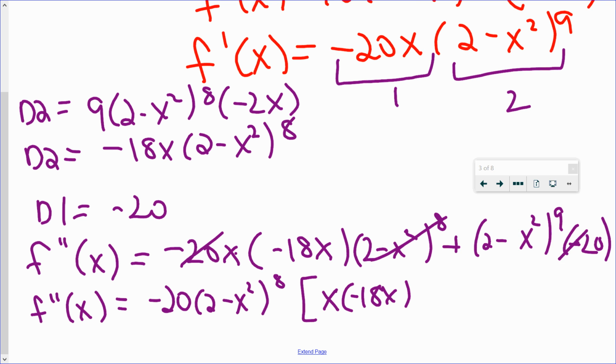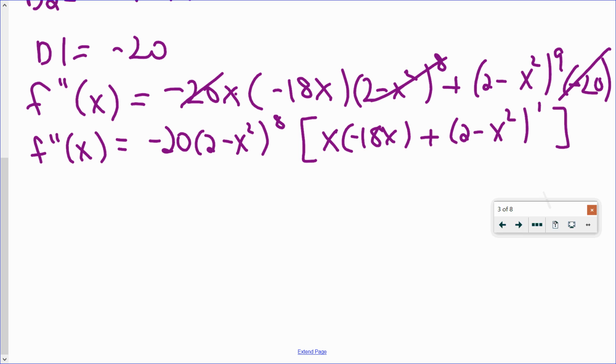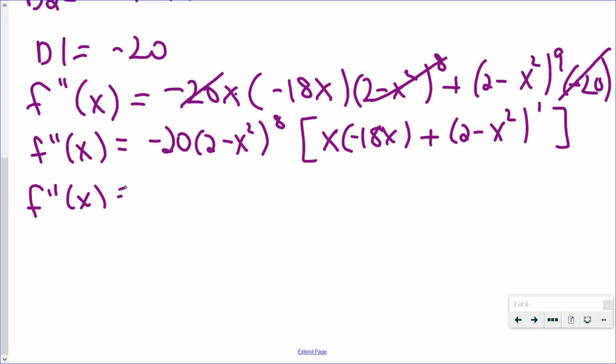And then negative 20, oops, let's try that again. Negative 20 cancels, so I'm left with plus 2 minus x squared to the 9 take away 8 is 1. Okay, let's tidy that up on the inside brackets. So the second derivative is equal to negative 20 times 2 minus x squared to the 8.